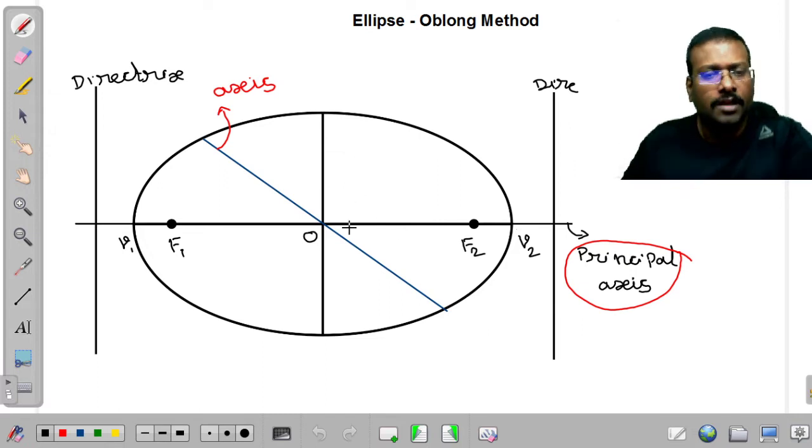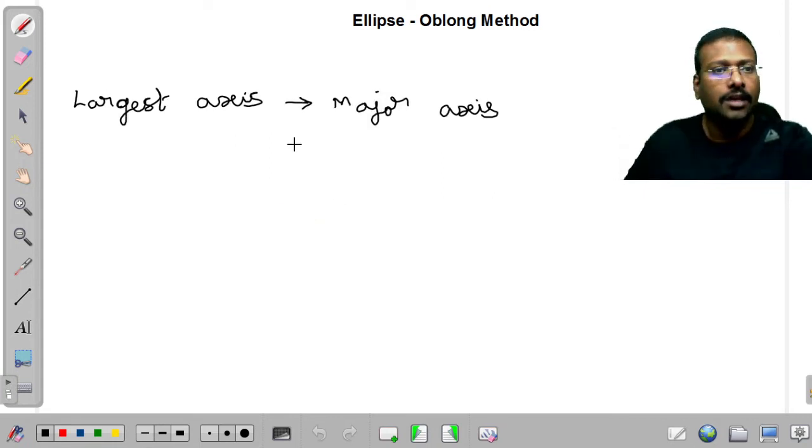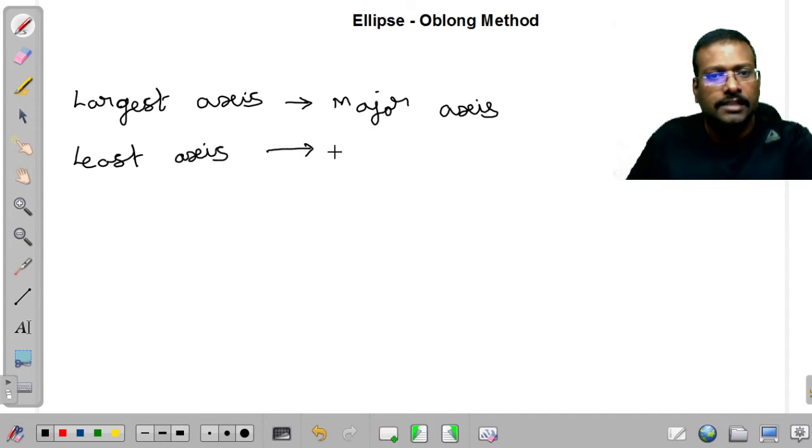Now among these many axes, the axis which has the least length is considered as the minor axis. So the largest axis is considered as the major axis, and whichever has the least length is considered as the minor axis.